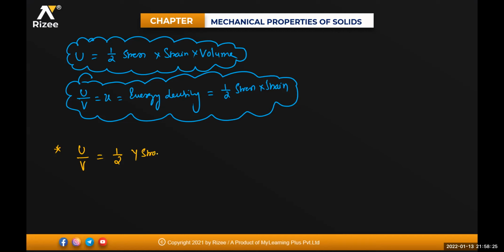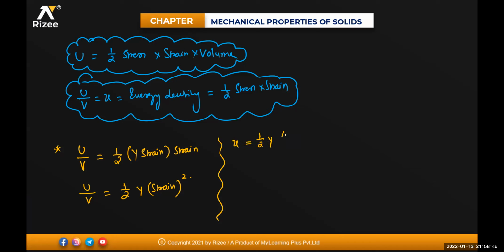Y into strain, into strain. That means energy density per unit volume is equal to half into Y into strain whole square. Okay, that means this value can also be written, a very important formula, beta. Energy density is also equal to half into Y into change in length divided by original length, whole square.